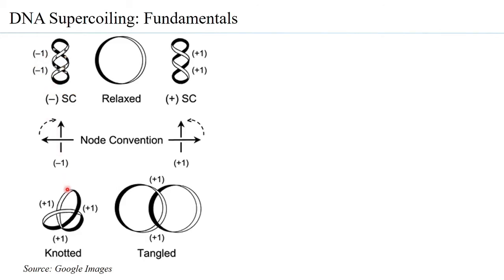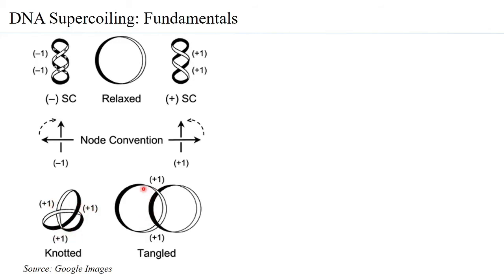Well, twisting can also lead to knotted structures and tangled structures. So in these, if you can observe, you have the helical axis crossing each other once over here, and you have the helical axis crossing each other once over here as well and here as well. So how many supercoils do you have? You have three supercoils in this.